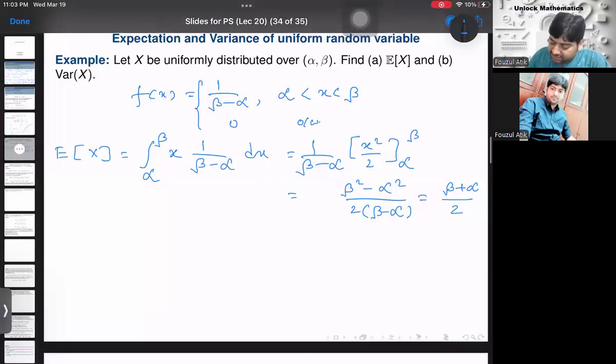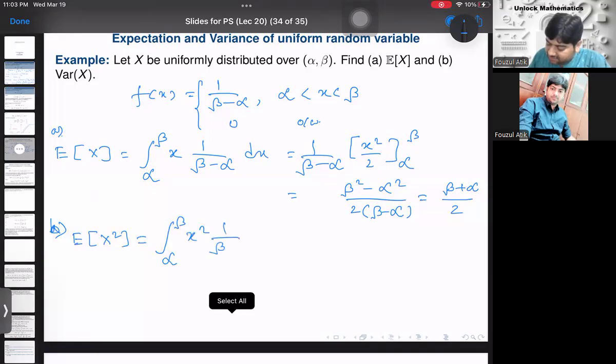To calculate the variance, what do we have to do? We first have to calculate the expectation of x square. So E of x square is, again, the integral from alpha to beta of x square times 1 by beta minus alpha dx. You take out 1 by beta minus alpha, and the integral of x square dx is x cubed by 3, between alpha and beta.